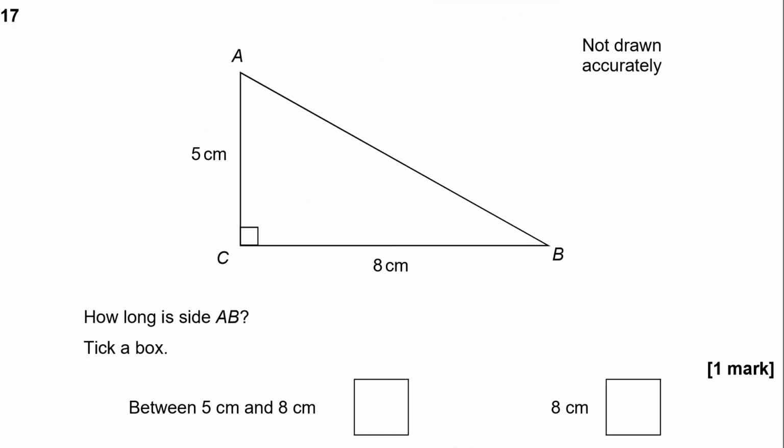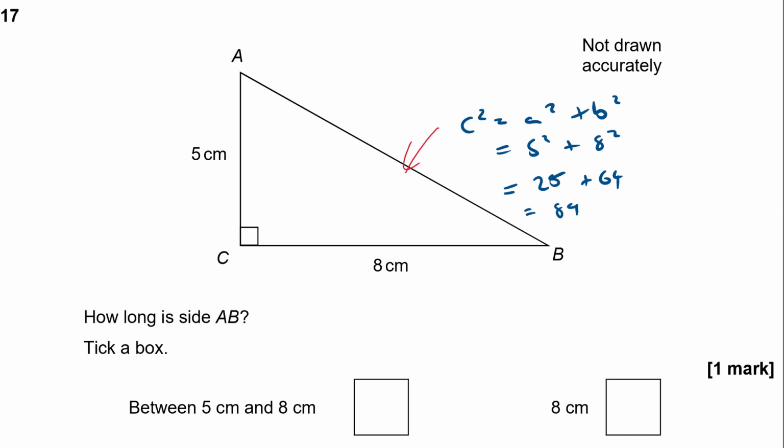Question 17. How long is side AB? Now, side AB is the hypotenuse in a right-angled triangle. So we could work it out using Pythagoras Theorem, c squared equals a squared plus b squared, which is 5 squared plus 8 squared. 5 squared is 25, 8 squared is 64, adding them together, 89, isn't it?